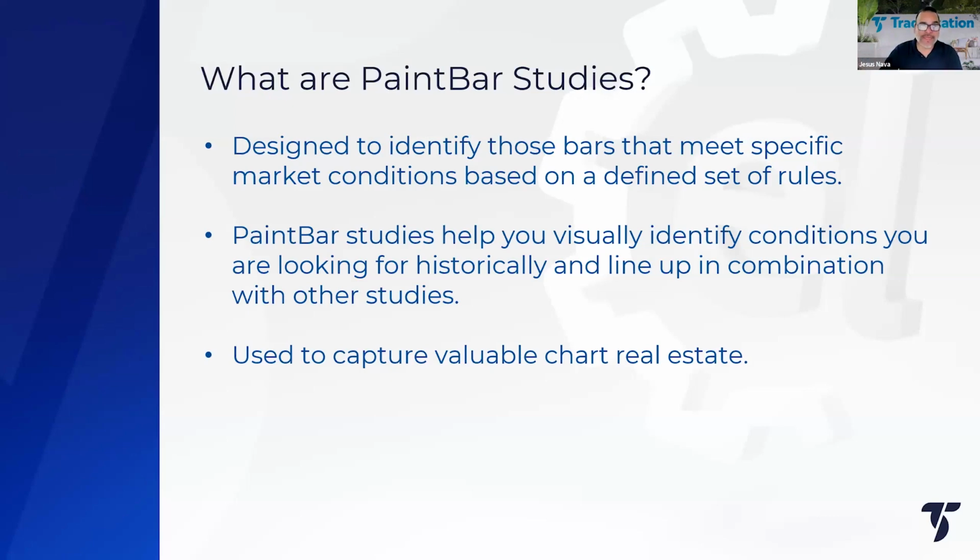You can maybe create a paint bar that color codes the candle whenever the condition of that technical idea is true. And it does allow you to save a lot of valuable real estate.